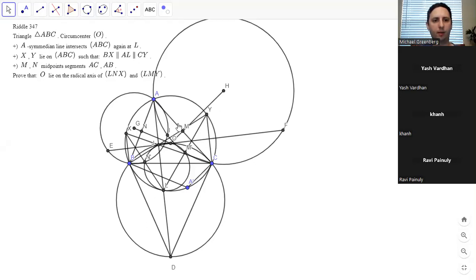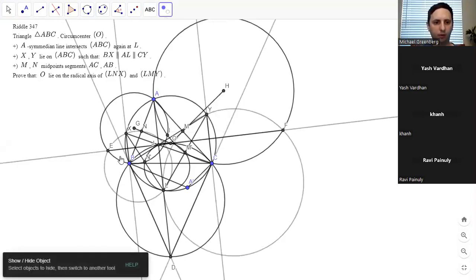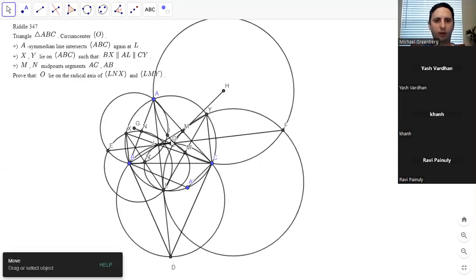And N and M are the midpoints of AB and AC. Originally we drew these two circles, LNX and LMY, and we wanted to show that O lies on the radical axis of these two.